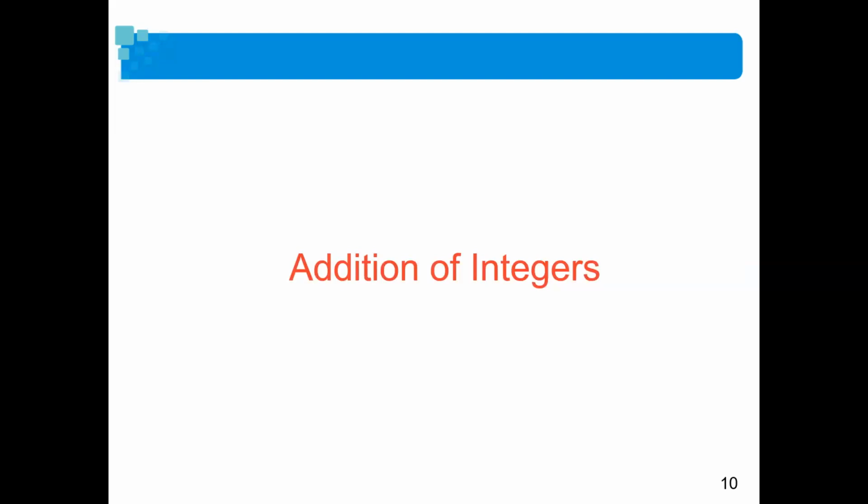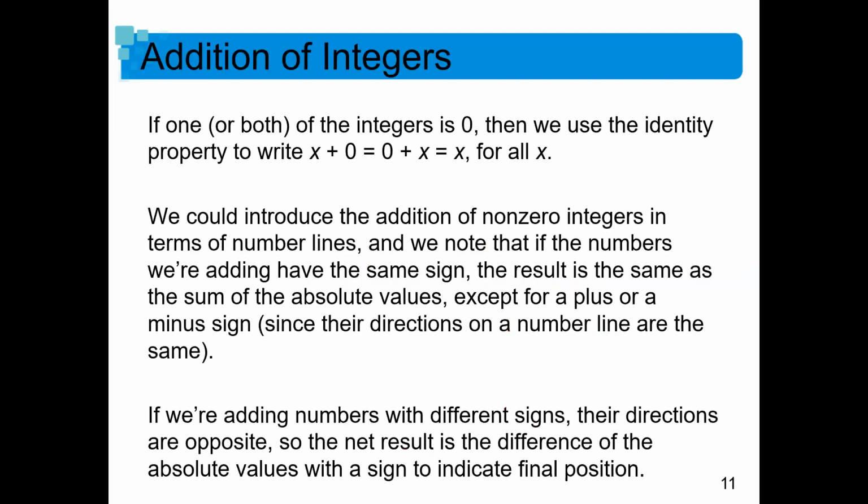How about adding integers? So if one or both of the integers is 0, then we use the identity property to write x plus 0 equals 0 plus x equals x for all x. We could introduce the addition of non-zero integers in terms of number lines.